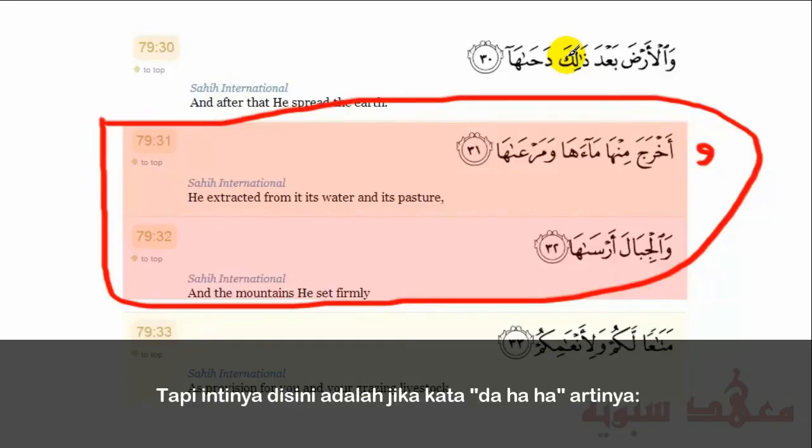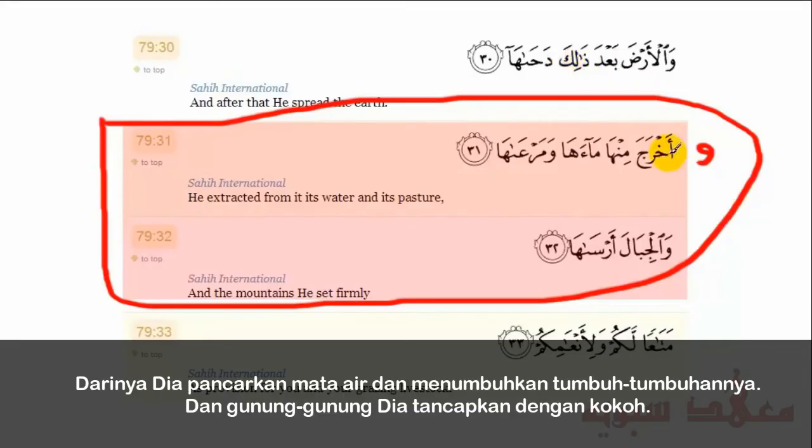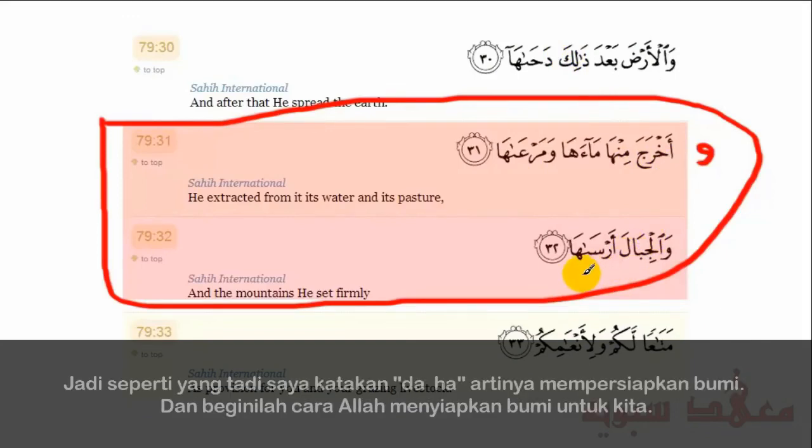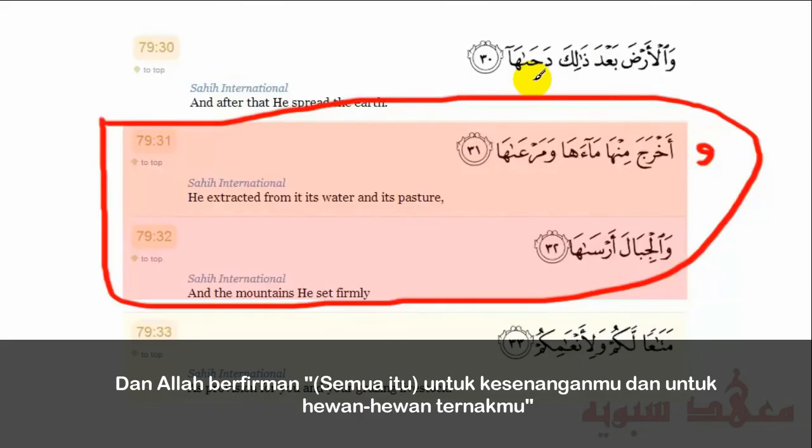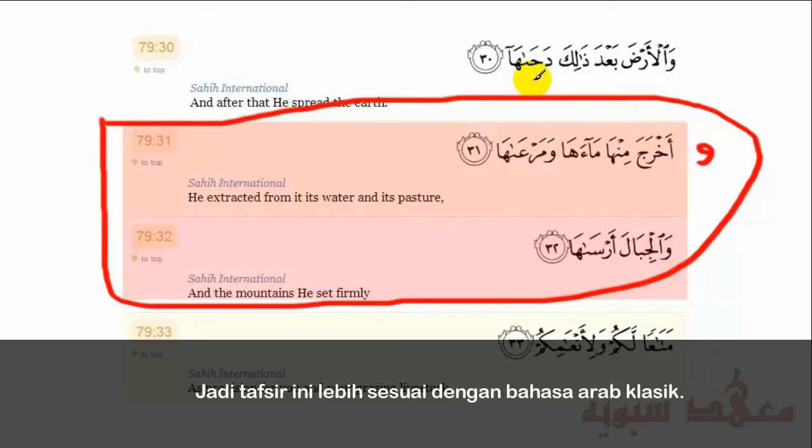But the point here is that if you want to know what dahaha means, it's أخرج منها ماءها ومرعاها والجبال أرساها. So as we said, Daha means to prepare the earth. And this is how Allah prepared the earth for us. And He says, مَتَاعًا لَكُمْ وَلِأَنْعَامِكُمْ, as a provision for you and your livestock. So this interpretation is more in line with classical Arabic.